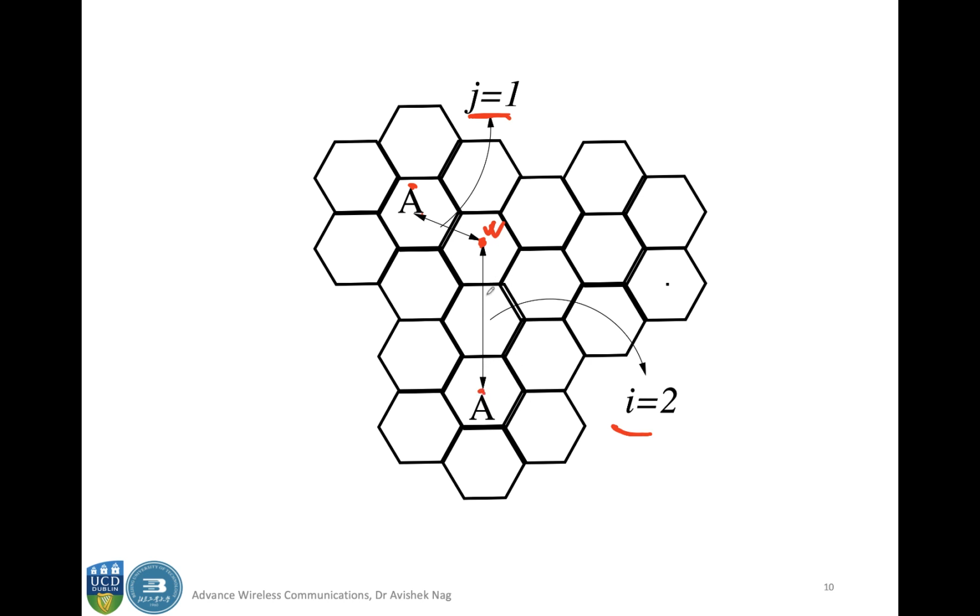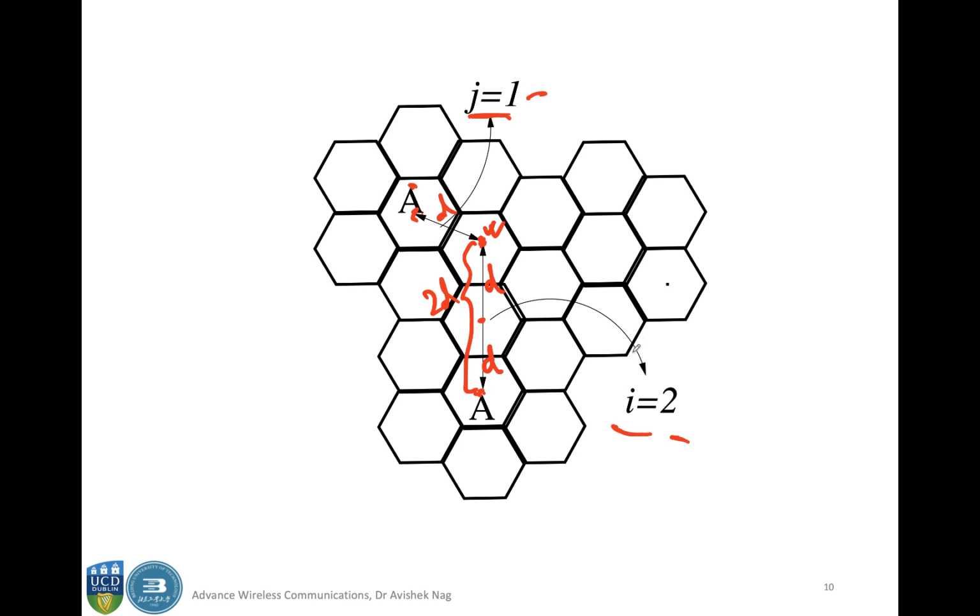Imagine that this distance is d between two adjacent cells. This one is at a distance 2d, and this distance is d. So this is basically J times d where J equal to 1, and this is I times d where I equal to 2.